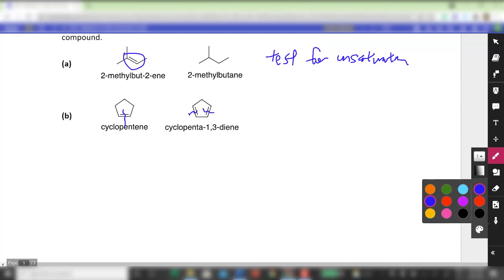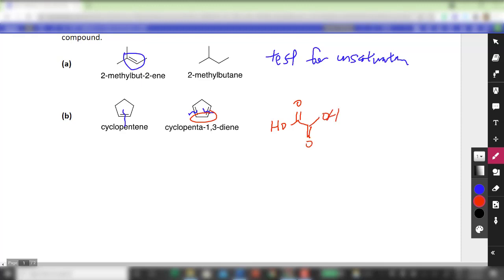This particular portion over here, the first product you get is actually ethanedioic acid, but as you are aware, ethanedioic acid will be further oxidized to give you 2 equivalents of carbon dioxide gas. So you could test for the presence of CO2 by bubbling the contents into lime water.